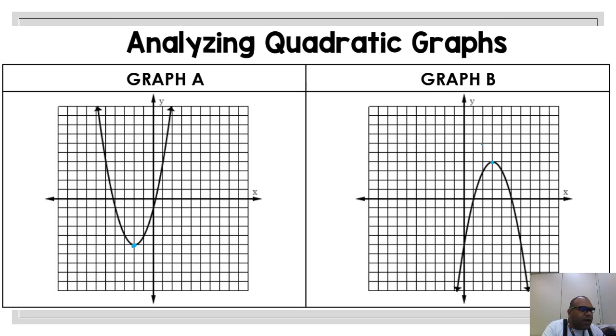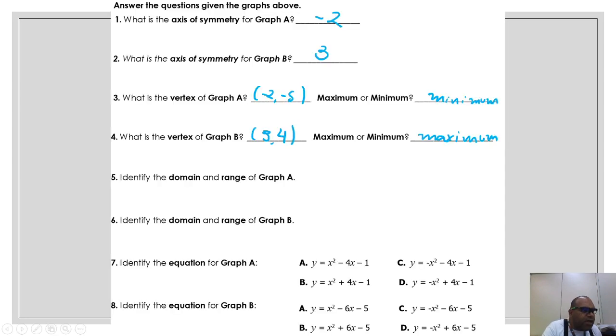Great. The range. Guys, the domain and range for a graph, as I told you, the domain is always real numbers. The domain always will be the real numbers. The input, I can choose any numbers I want.